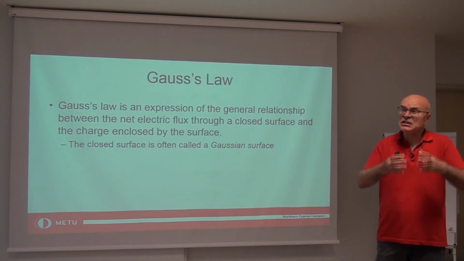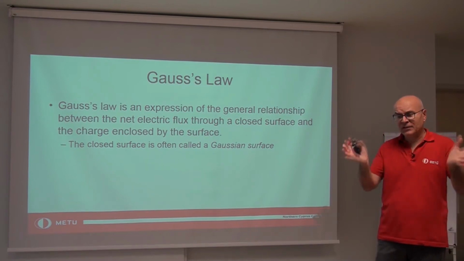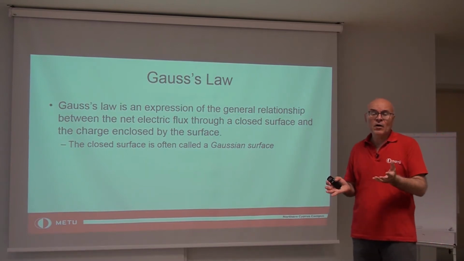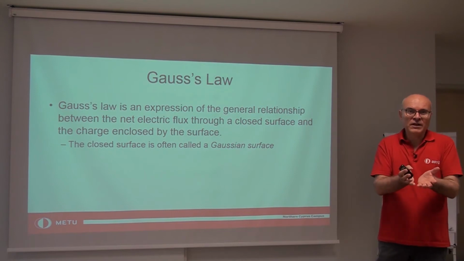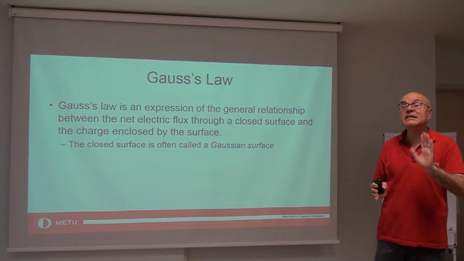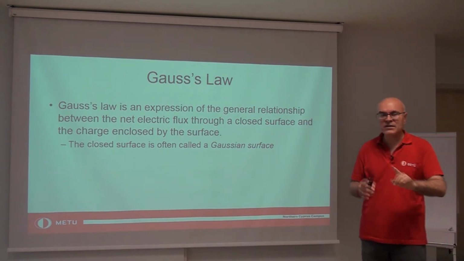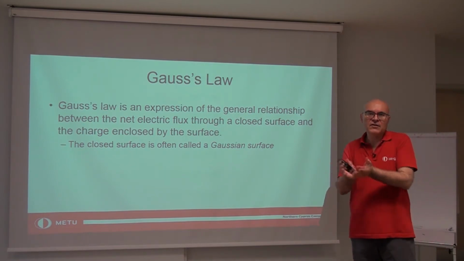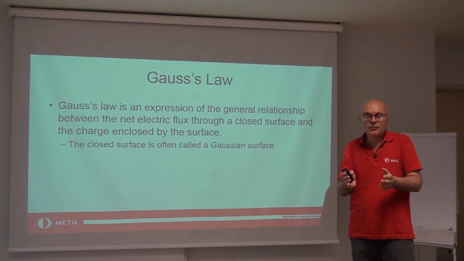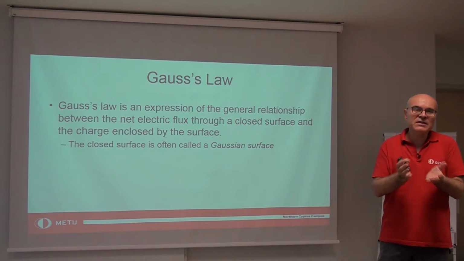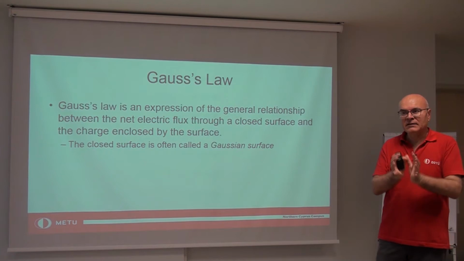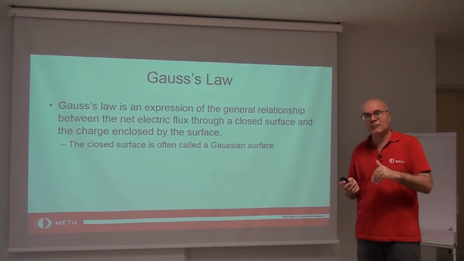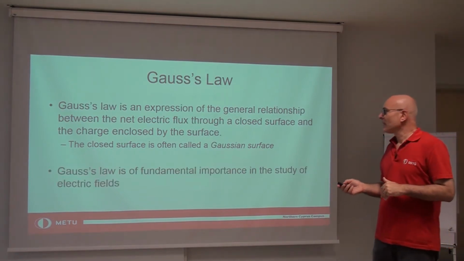The Gaussian surface is generally a hypothetical surface that you imagine, and to apply Gauss law to it. Okay, it can be any surface, but it is a closed surface, and in some cases it might coincide with a physical surface, sometimes it might not. The issue is that it is the imaginary surface that you create in order to apply Gauss law to.